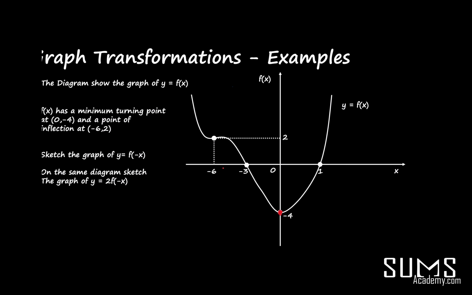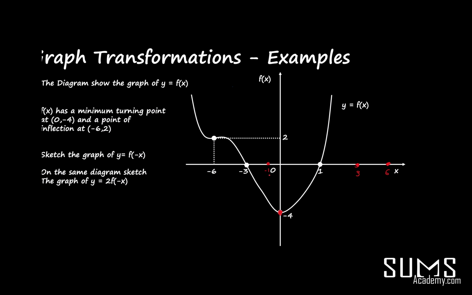But what about this point, negative 6 here? Well, negative 6 is going to go to positive 6 over here. This point here, negative 3, is going to go to positive 3 here. This point here, 1, is going to go to negative 1 here.